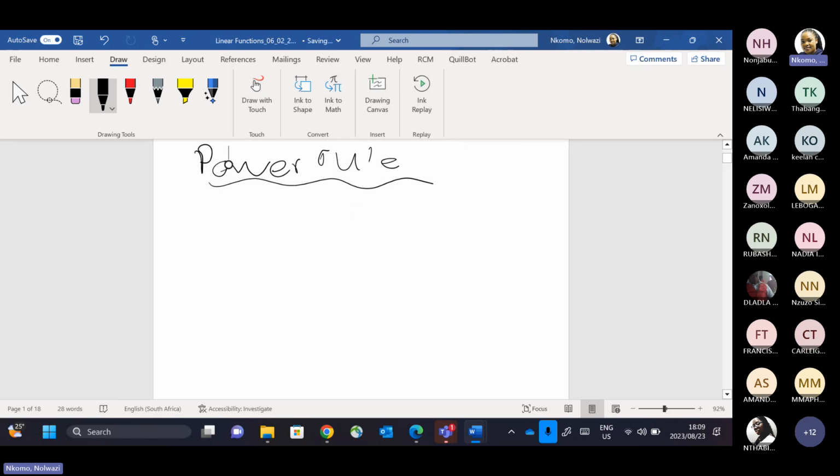This is just the basic rule that determines the derivative of x to the power n, where n can be any real number. This is the basic differentiation rule that can be applied to a term or function like this.